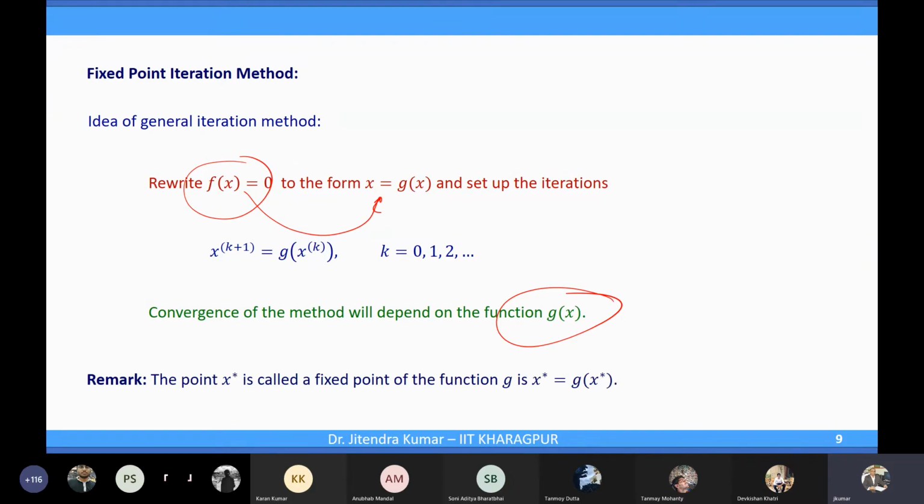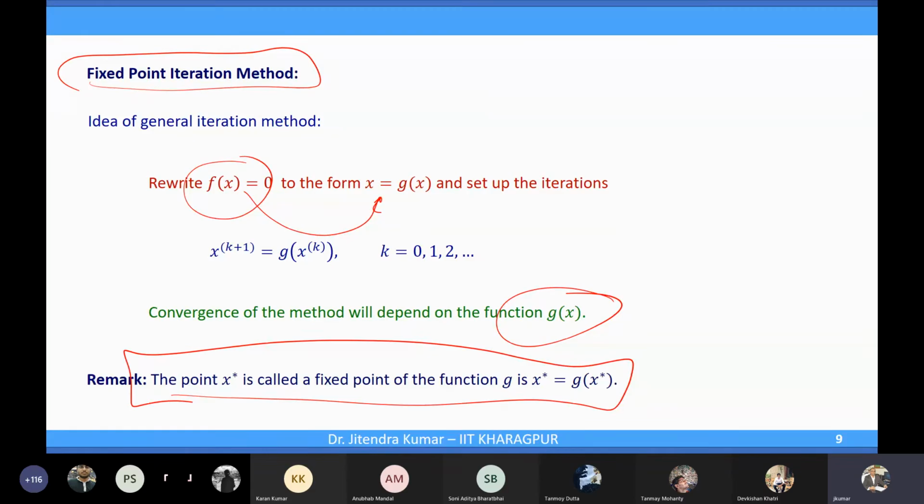And just a remark on why we call it the fixed point iteration method. This is a general definition of the fixed point we use in analysis. The point x star is called a fixed point of the function g if x star equals g(x star).